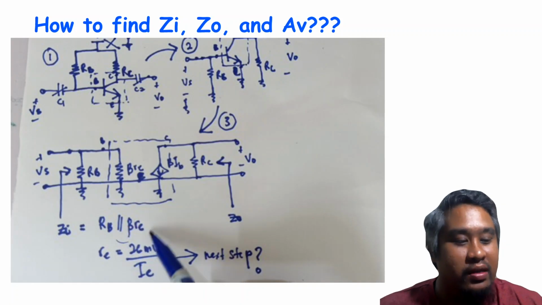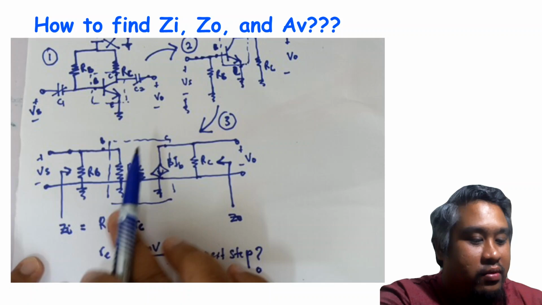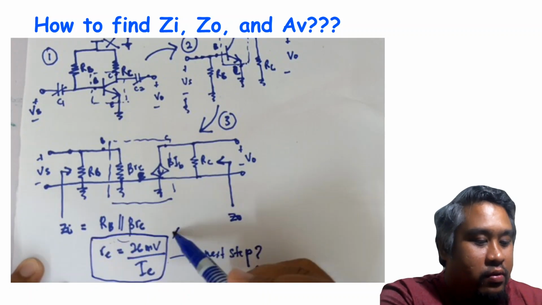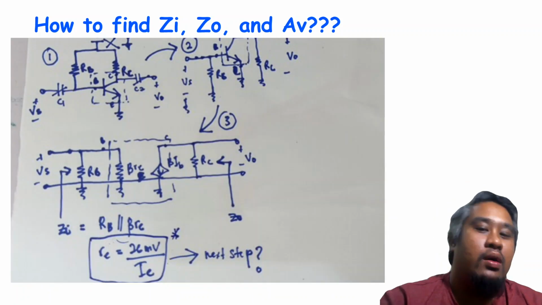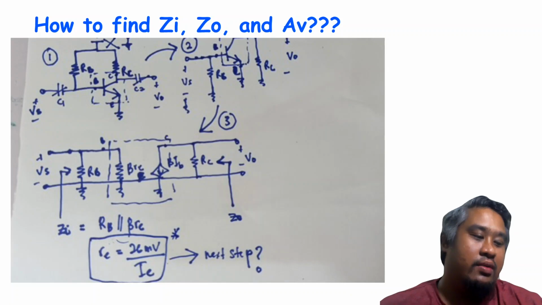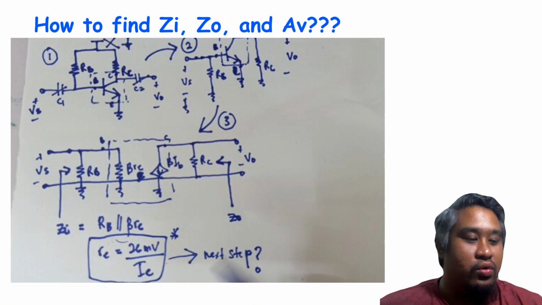But RE we have to find by using this formula: RE equals 26 millivolt over IE. In order to find RE, we have to find IE.